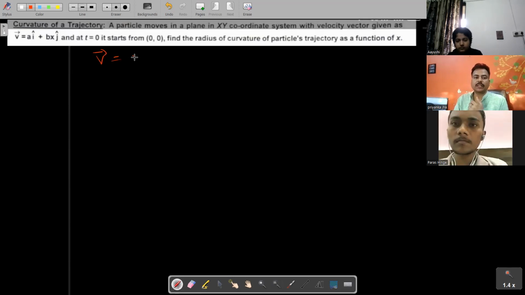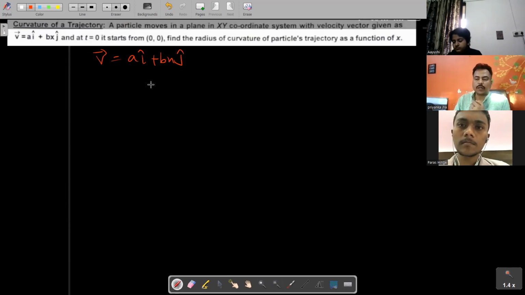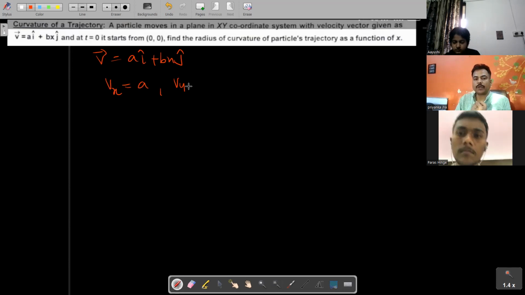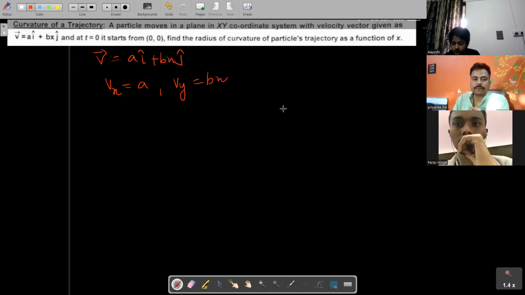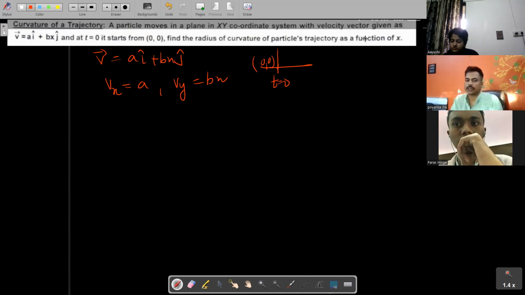So the velocity vector is a i plus b x j. From here you can see the x component of the velocity is a, and the y component of the velocity is bx. At t equal to 0, it starts from the origin (0, 0). So you have to find the radius of curvature of the particle's trajectory as a function of x.